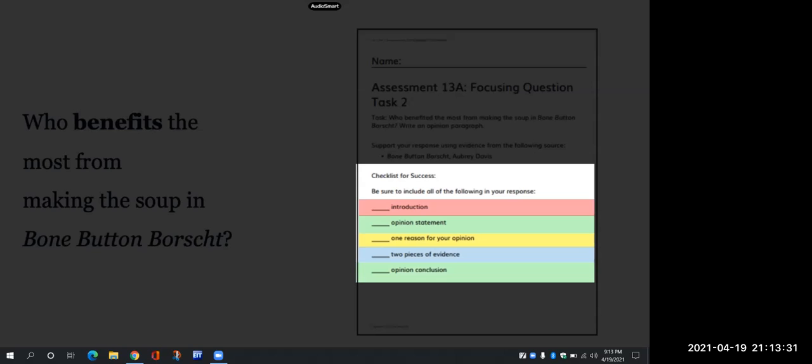Please read over the checklist for success, and as you read each part of the opinion paragraph, underline that part with your finger on the screen. Pause here to do that now, and just hit play when you're ready to continue.